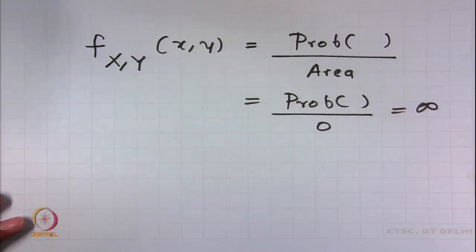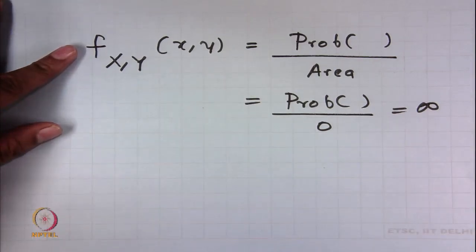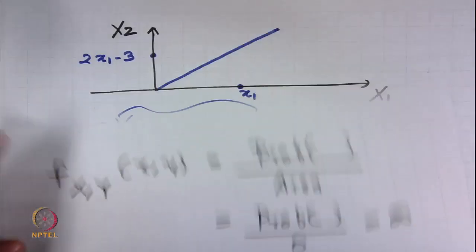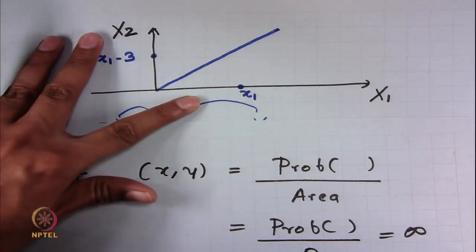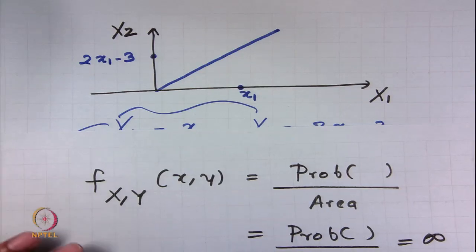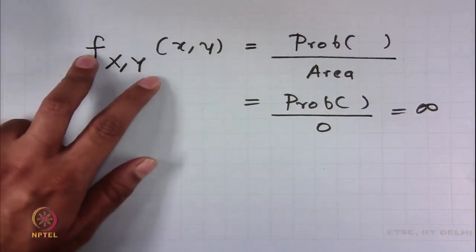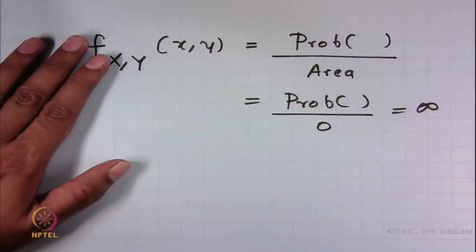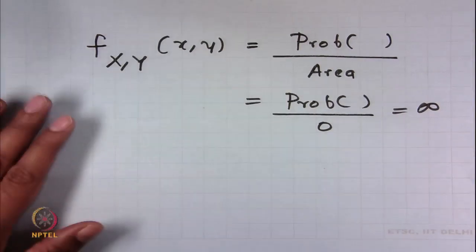Thus, if 2 random variables are linearly dependent, the probability density function collapses to a line, and the joint probability density function will not be defined unless you are willing to allow impulses and delta functions. We are not willing to take that route because there is a lot of notational mess that will be introduced. We want to keep things simple.